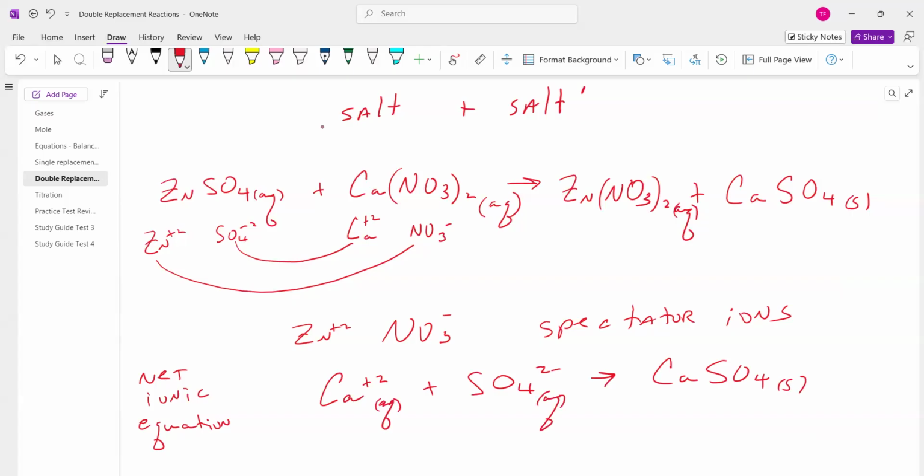So that would be the net ionic equation. Sometimes they'll say NIE. Lots of three-letter acronyms.